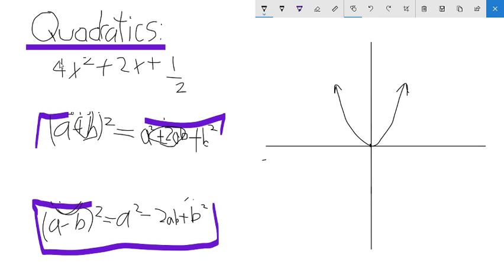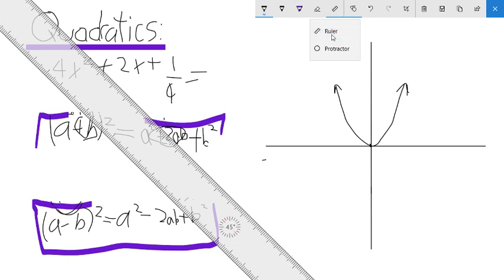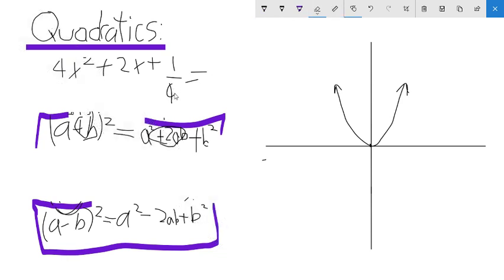Sorry, that's 1/2. Plus 1/4. What does this evaluate to? Go ahead and pause the video again and see if you guys can solve it. And once you guys are done, go ahead and unpause and check your answers with me.